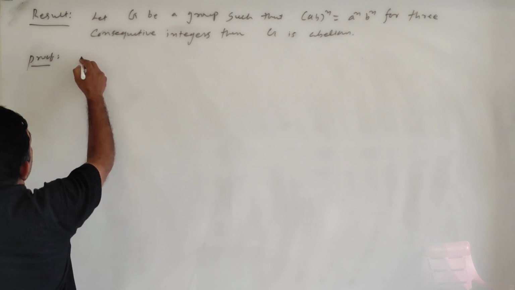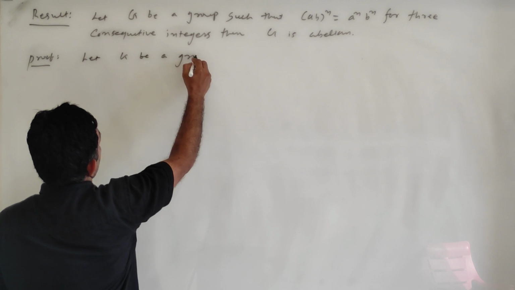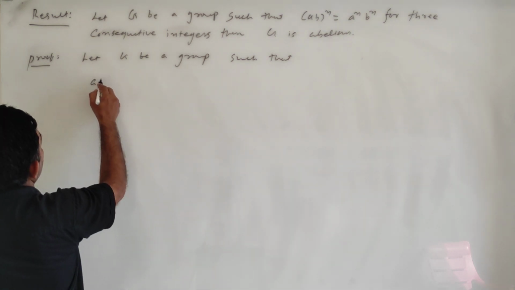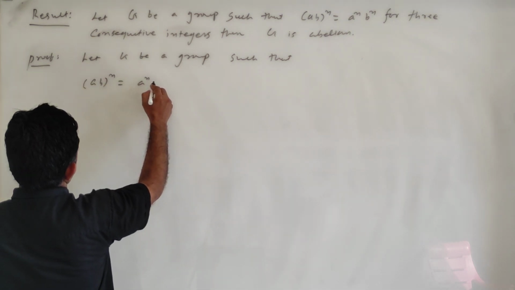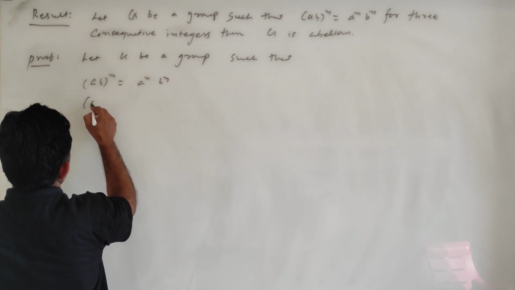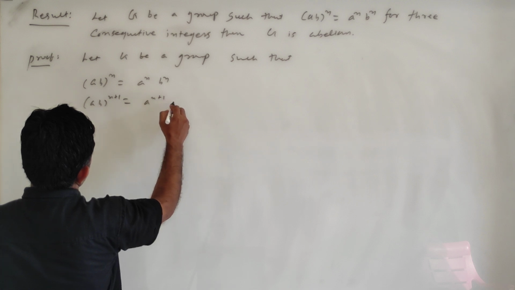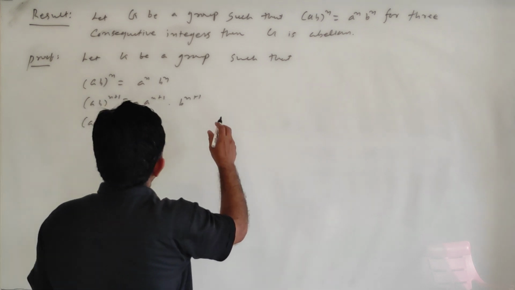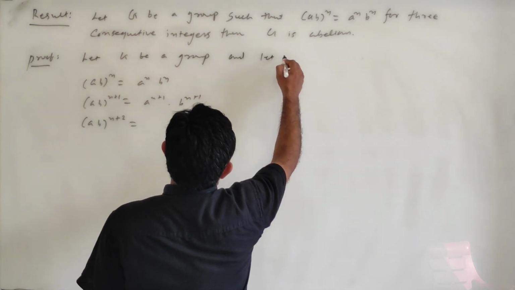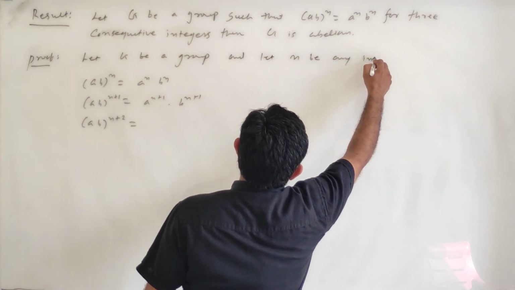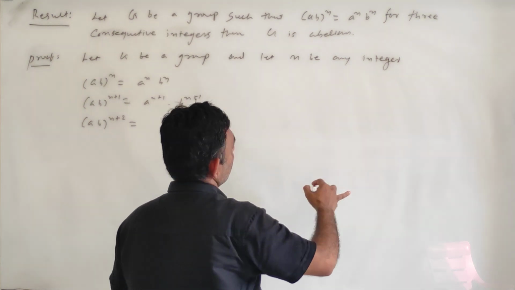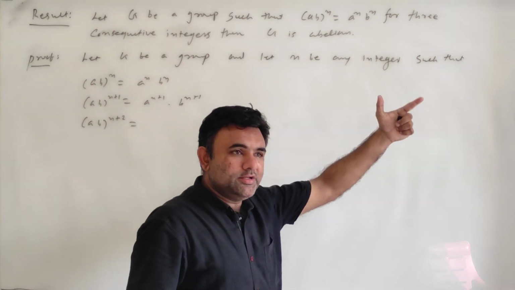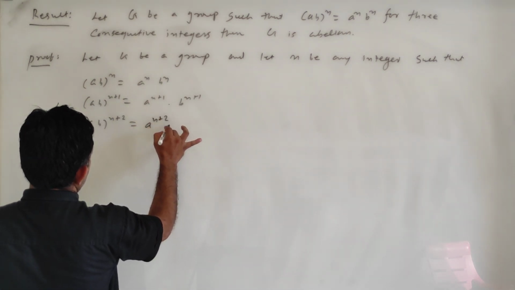So proof. Let G be a group, and let n be any integer such that (ab) raised to n is equal to a raised to n, b raised to n; (ab) raised to n plus 1 is equal to a raised to n plus 1 into b raised to n plus 1; and (ab) raised to n plus 2 is equal to a raised to n plus 2 into b raised to n plus 2.